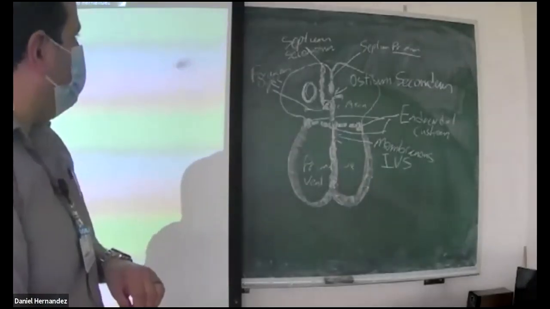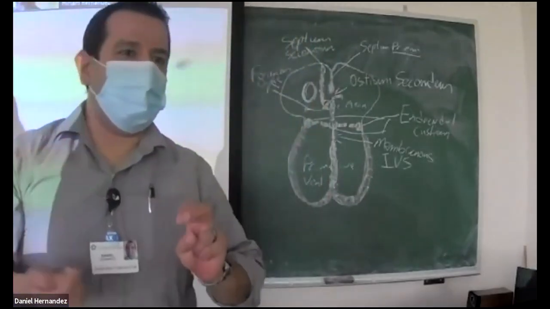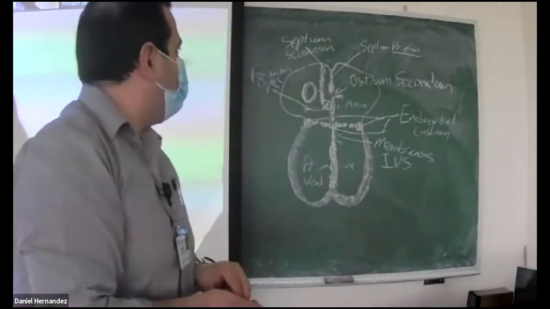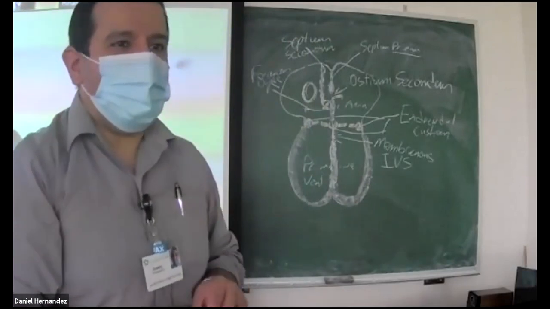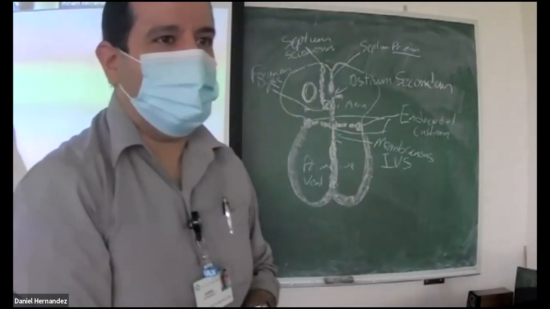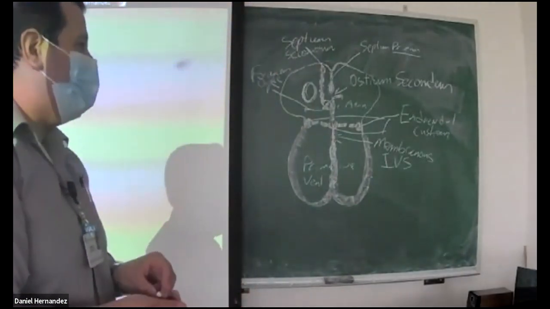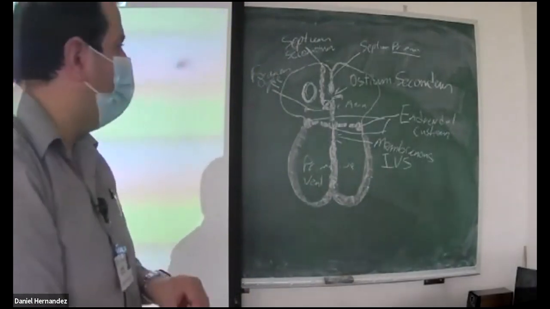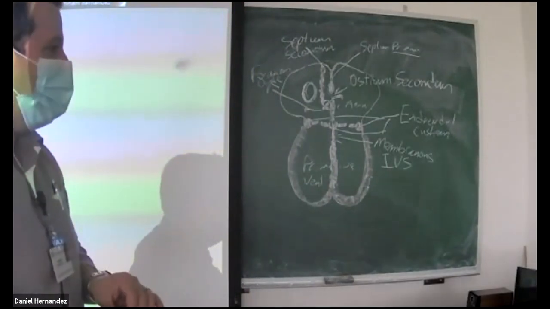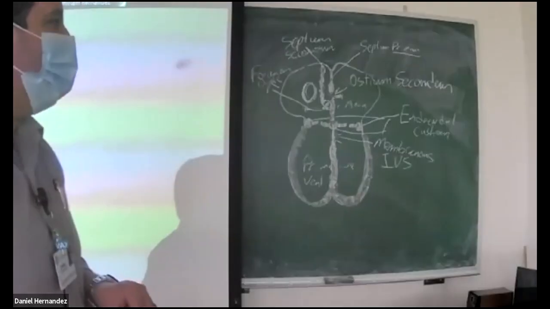Yes, a patent ductus arteriosus, technically, it's not really a congenital heart defect like an ASD or a VSD, because it was a normal structure that formed. But it does need to be corrected if it remains patent, so they will go in and close it.